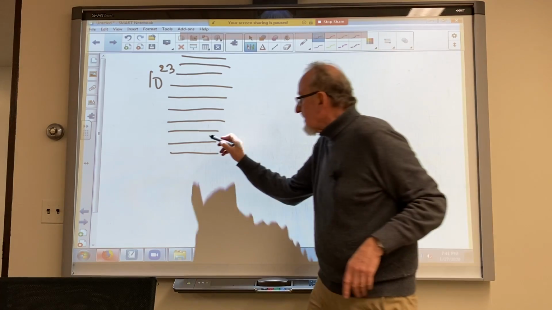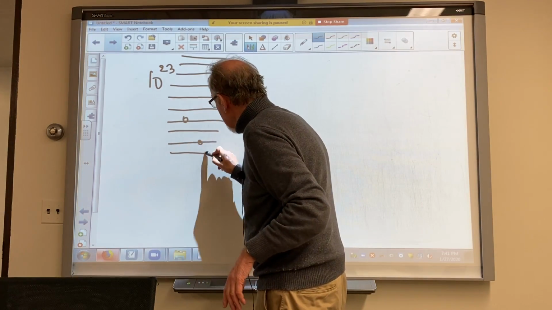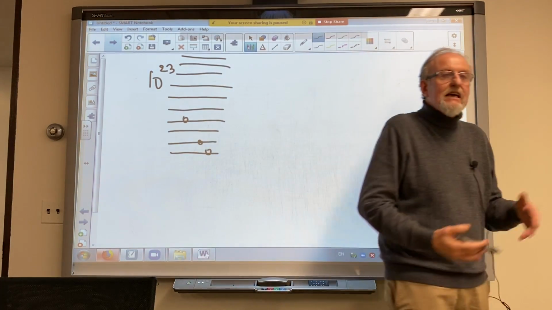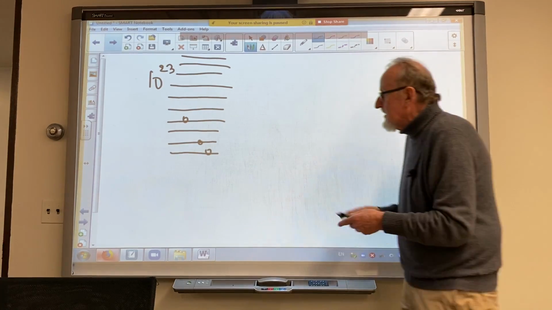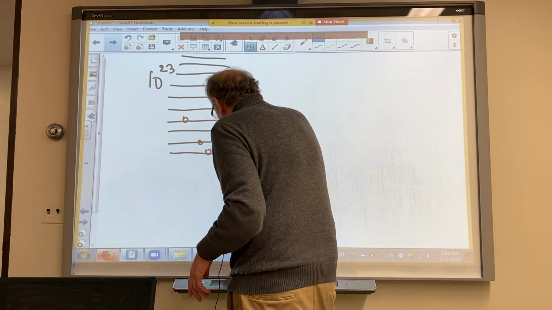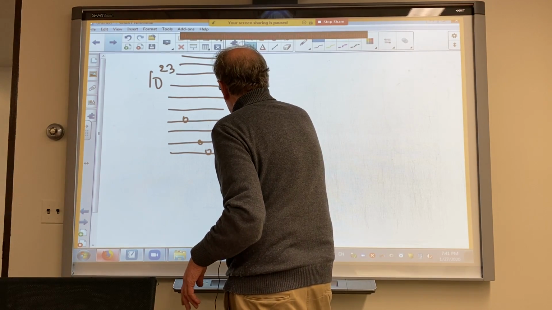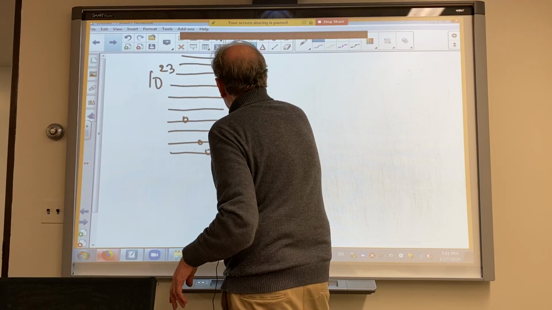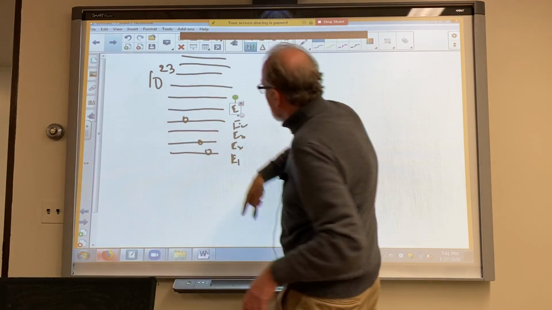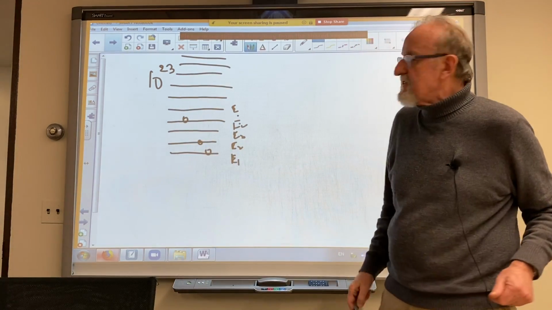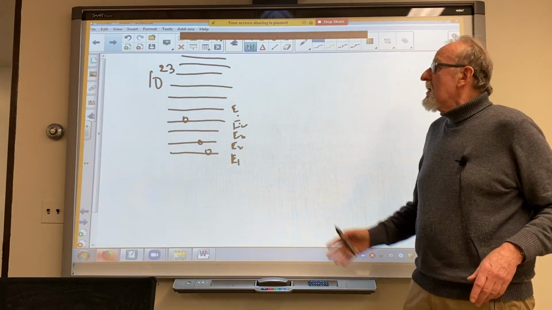So one particle can be here, the other can be here, each particle is in a state. And the energy of a state will be given, if this has energy E1, we'll do calculations like this. So I am just giving you a feeling. Okay, E4, E5, etc.